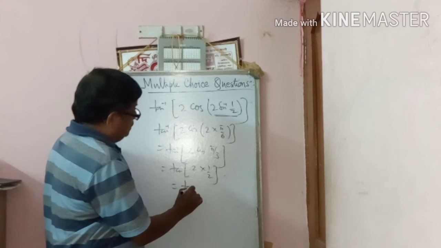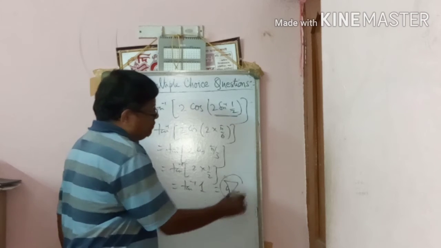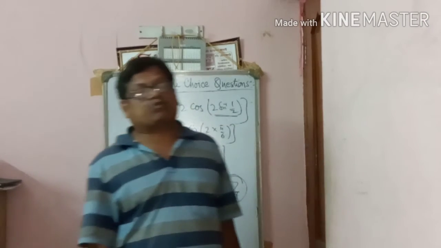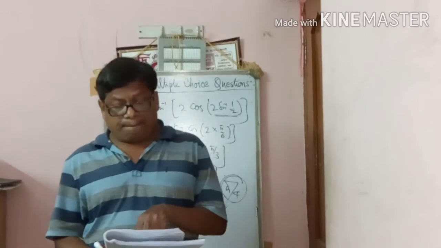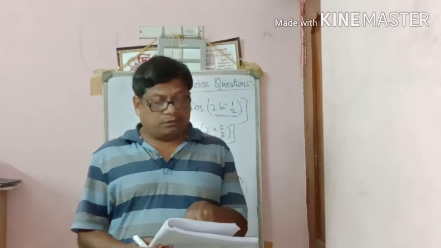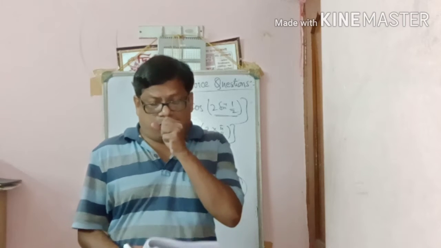So tan inverse 1, and tan inverse 1 is pi by 4. So the answer is option C.